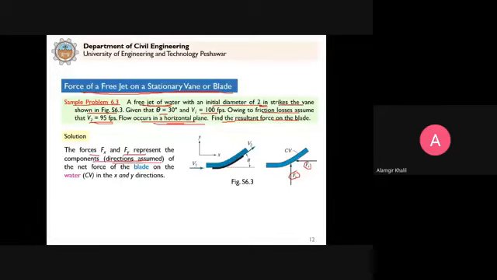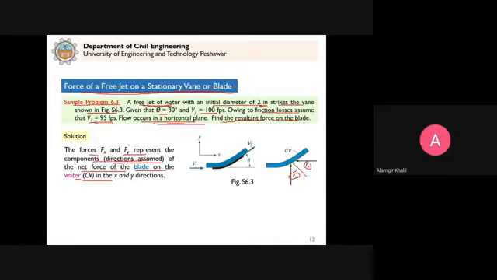So we assume the directions, and the net force that is acting on this vane exerts on this fluid, because we calculate these external forces from the momentum equation, and then the force of the fluid on the vane will be equal and opposite to that.